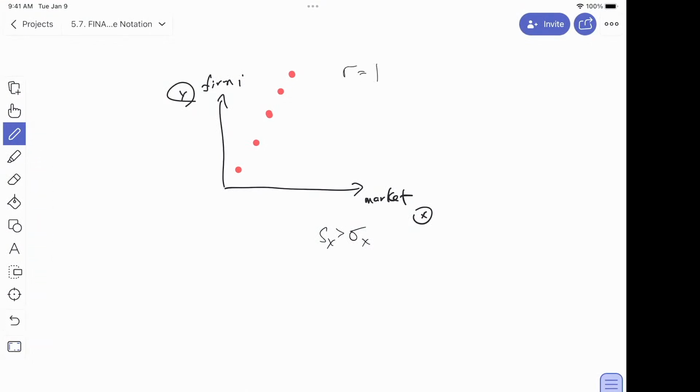R equals 1 means that those variables are perfectly positively correlated, all on a line. They're tight on a line.